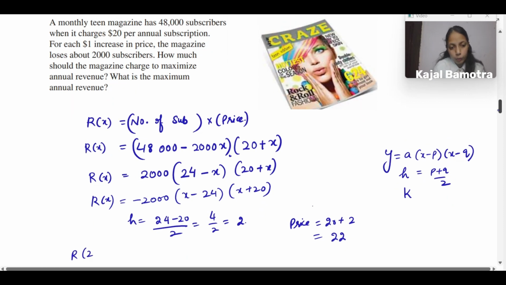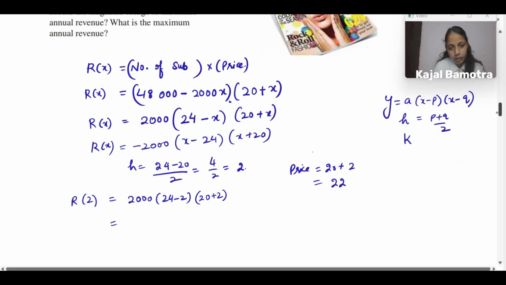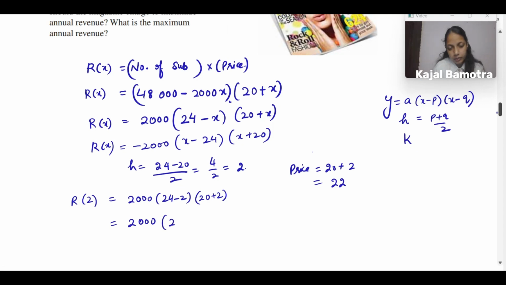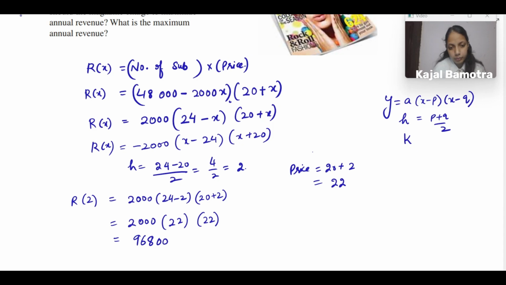R of 2 is equal to 2,000 times 24 minus 2, which is 22, and 20 plus 2, which is 22. Multiply them: 2,000 times 22 and 22. We will get 968,000.